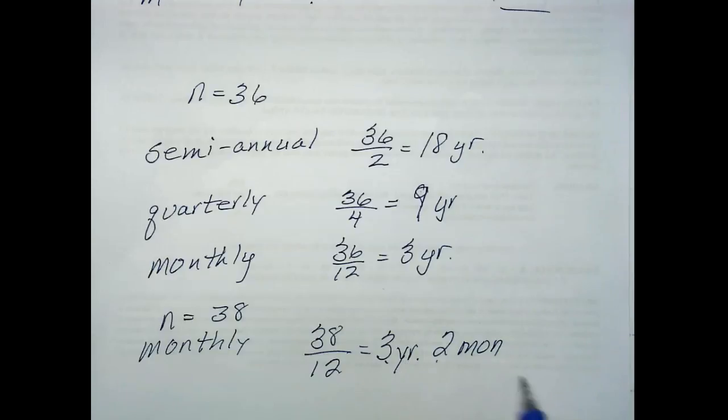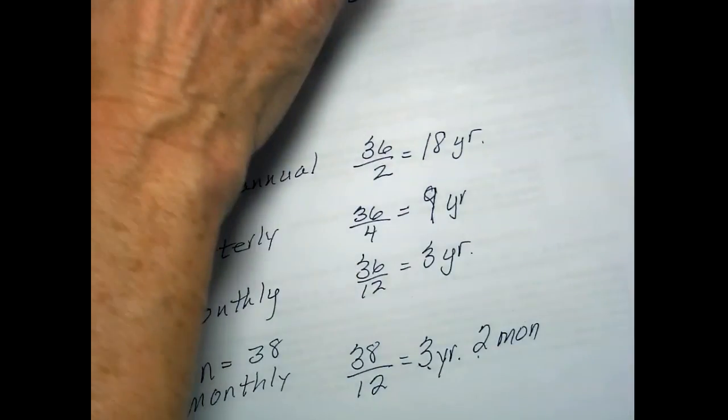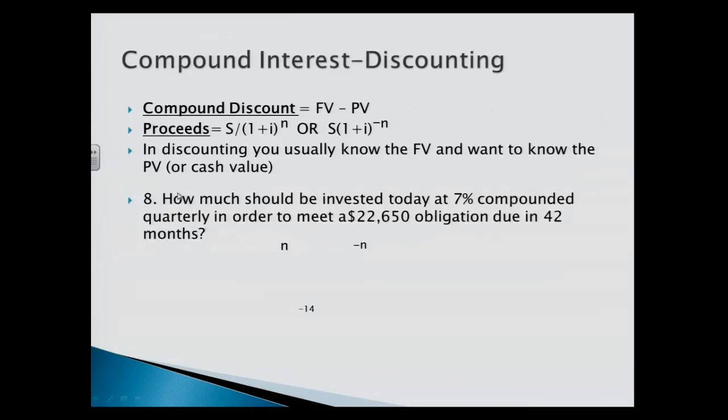So we're going to get a little bit more difficult when we're solving for n. Let's go back. Here is, you can pause this, and this talks a little bit about the log because we will be using logs.